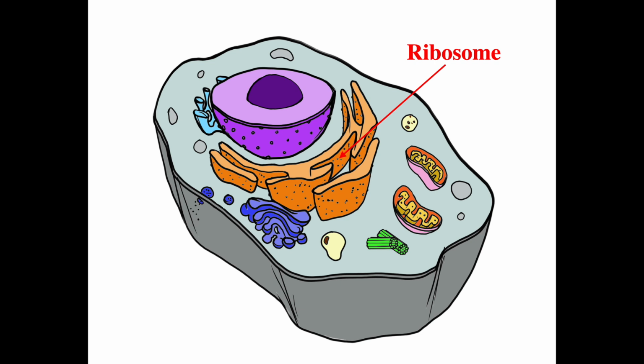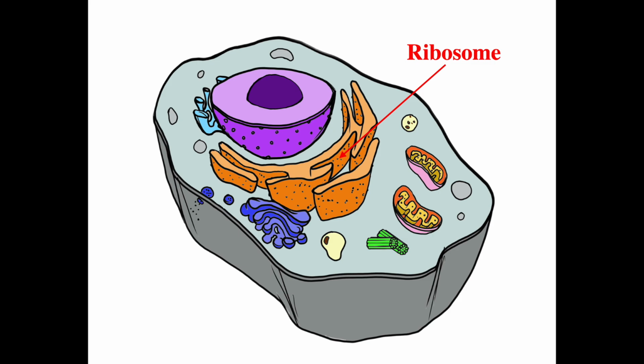Those are the ribosomes, among the smallest of the structures inside of the cell, but they're so important because these little ribosomes are kind of like the workers in this factory that we call a cell, and these ribosomes build protein molecules. That's what they do.